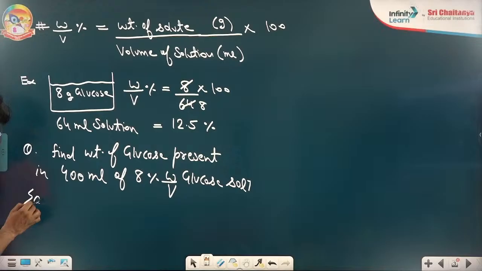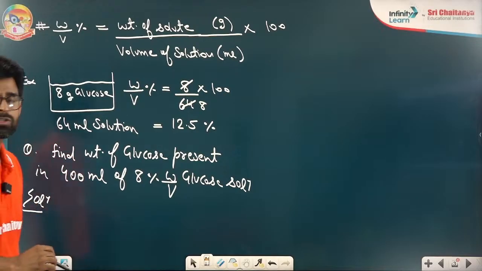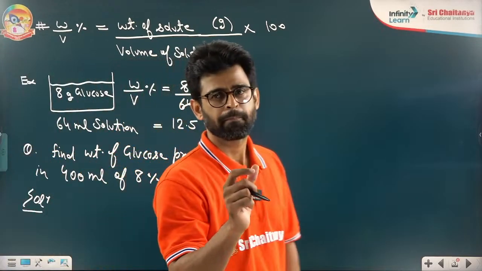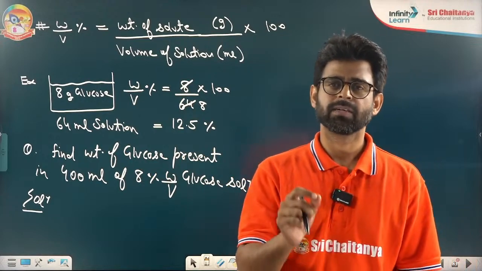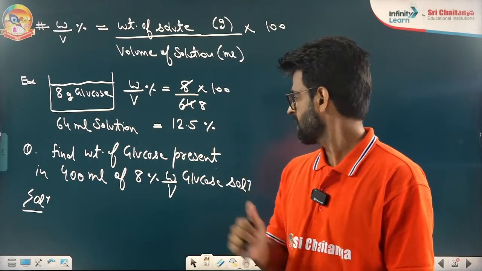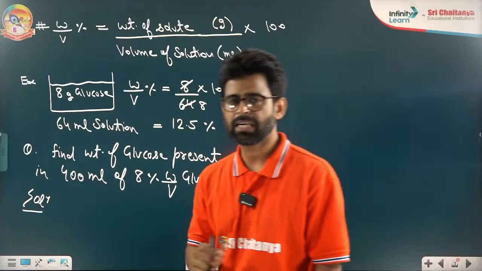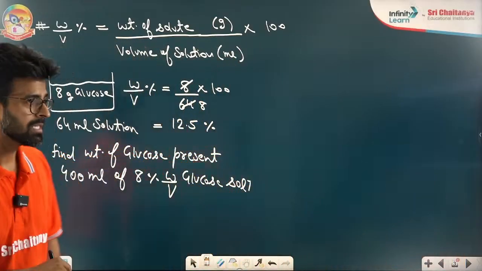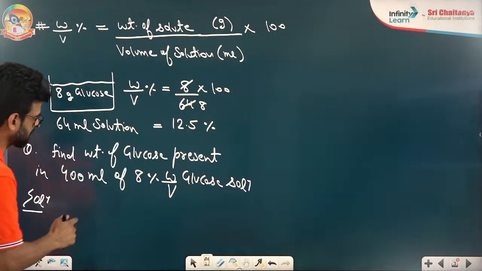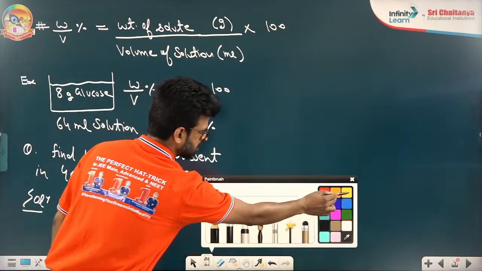This is given, right? So in the question they have given us the weight by volume percentage. So in the formula, you see what is not given. Tell me the answer fast.